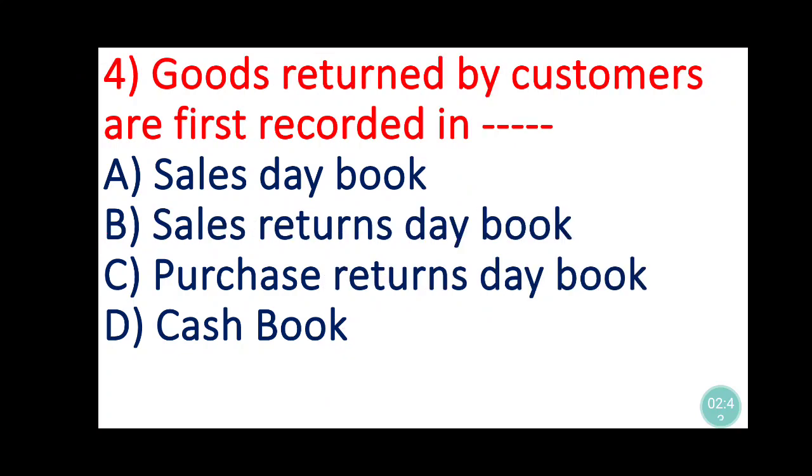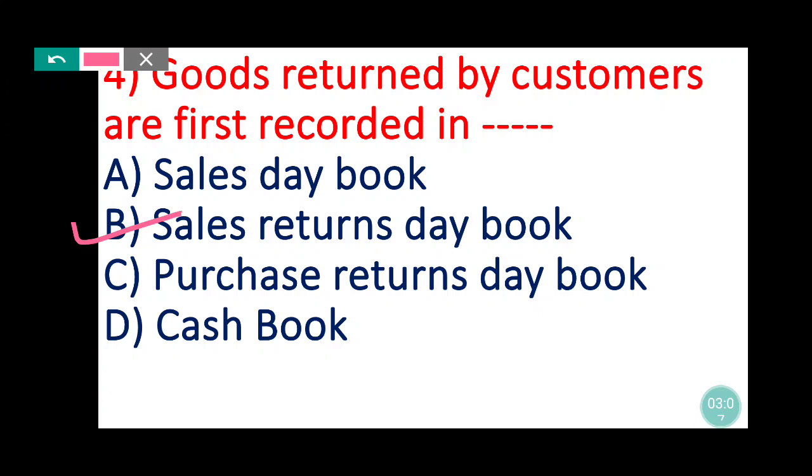Fourth one, goods returned by customers. We are selling goods to customers, and if for any reason the customers return goods to us, where will they be recorded first? Goods returned by customers are first recorded in sales return day book.